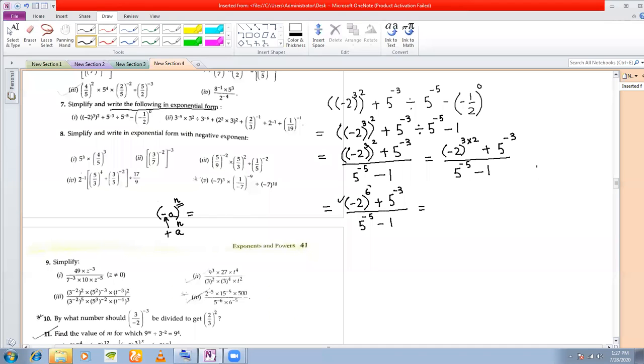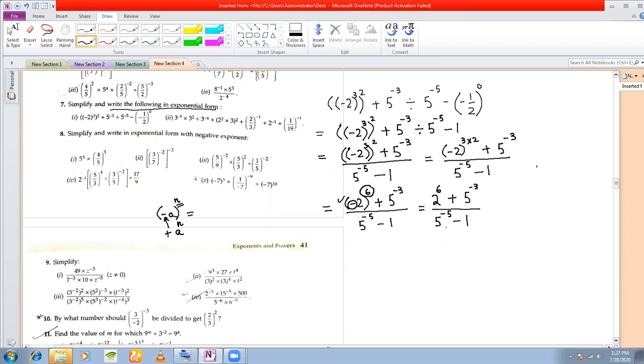So if you see here, I have an even power, right? So this minus will change to a plus, and I get 2 to the power of 6 plus 5 to the power of minus 3 divided by 5 to the power of minus 5 minus 1.